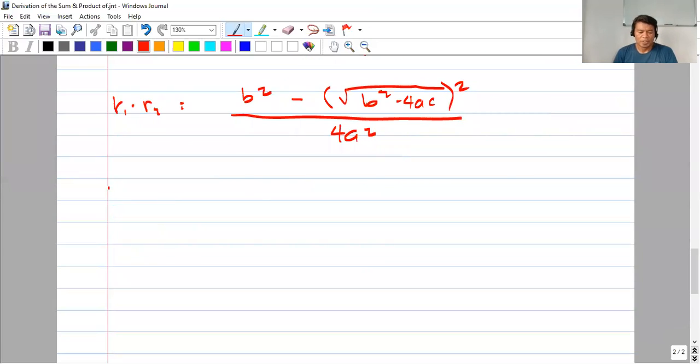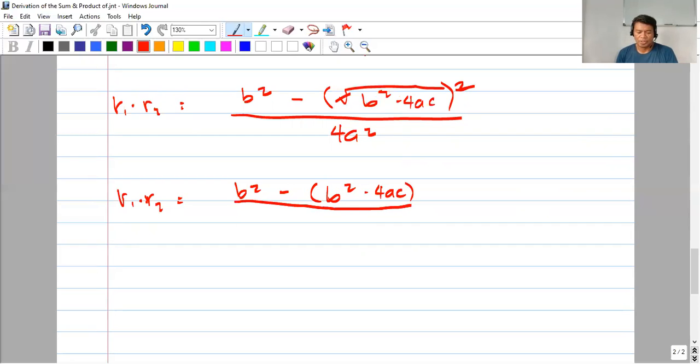Again, we keep on simplifying until we get the final answer. Here we have b squared, and we can cancel the exponent with the index of the radical because it is 2. We only consider the radicand, which is b squared minus 4ac, all over 4a squared.